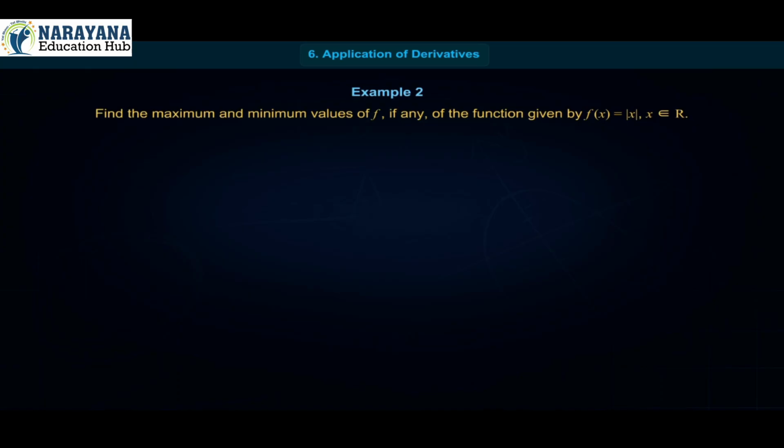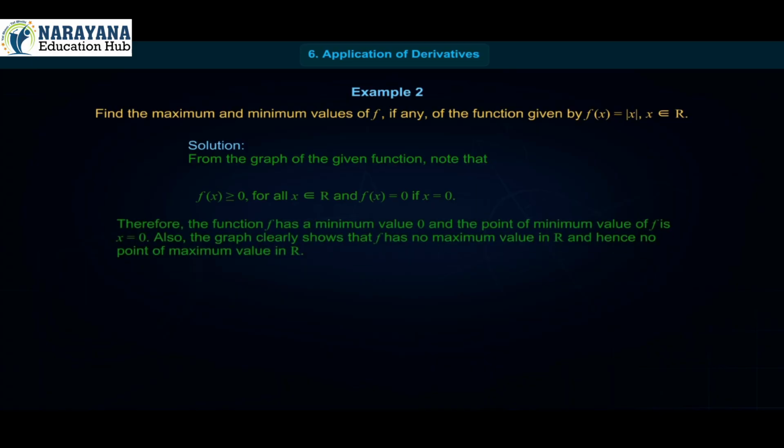Example 2. Find the maximum and minimum values of f, if any, of the function given by f of x equals modulus of x, where x belongs to R. Solution. From the graph of the given function, note that f of x is greater than or equal to 0 for all x belonging to R, and f of x equals 0 if x equals 0.